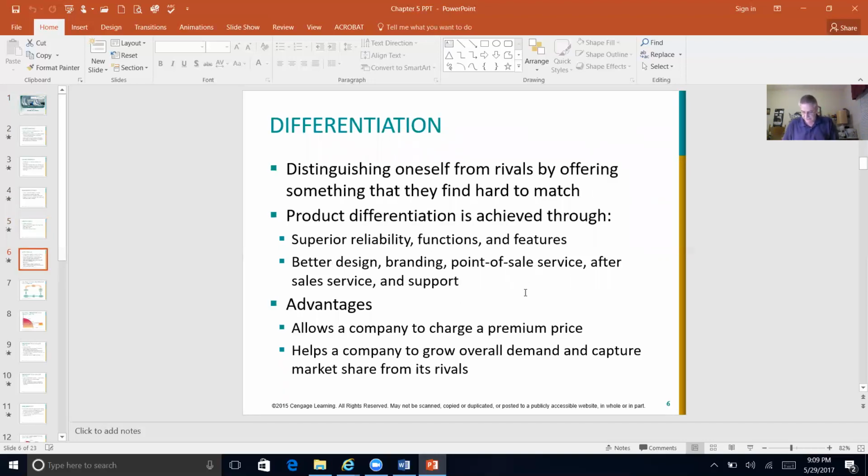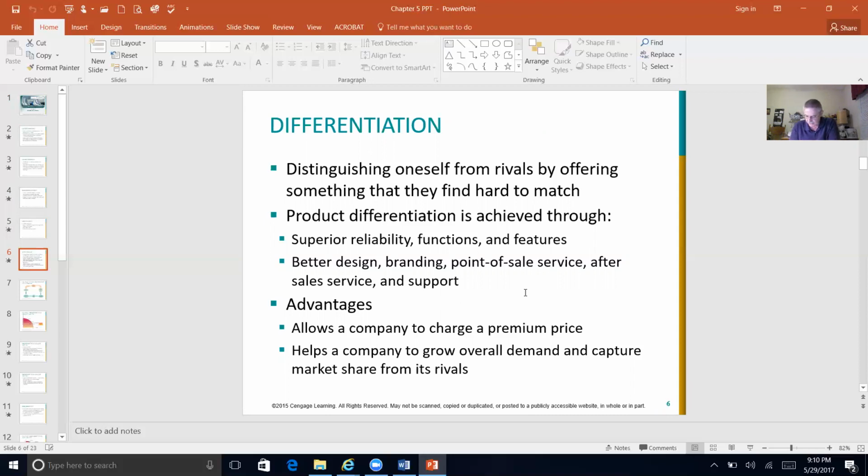Differentiation implies distinguishing oneself from rivals. I'm on pages 154, 155, 156 now in our textbook in chapter 5. Again, differentiation implies distinguishing oneself from rivals by offering something different, something unique, something that's creating customer perceptions of value or meeting customer demand, or something that's just frankly hard to match.